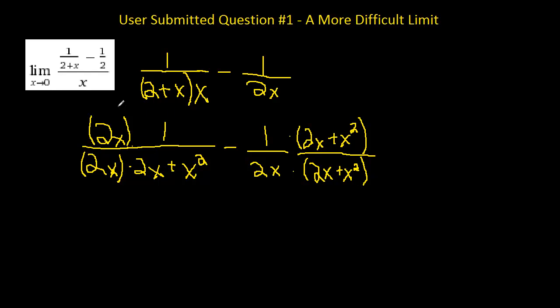So we'll start with this first term here. On the numerator, 2x times 1 is going to be 2x. And on the bottom, we're multiplying times the whole thing. So 2x times 2x is 4x squared, and then 2x times x squared is 2x cubed.